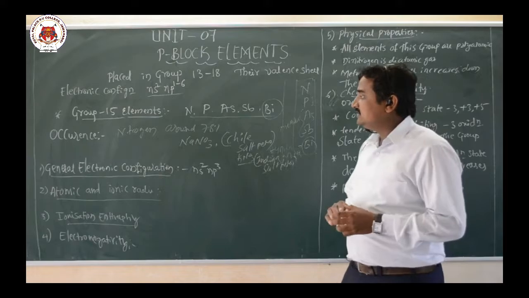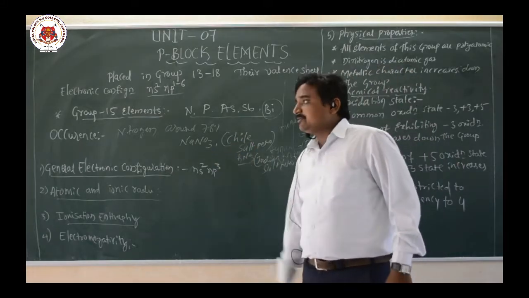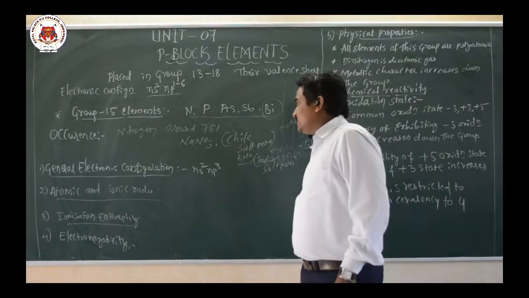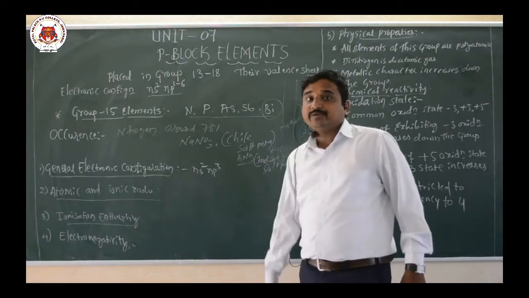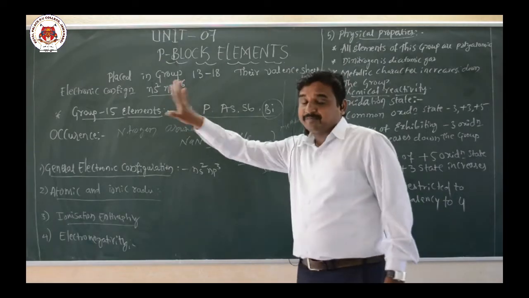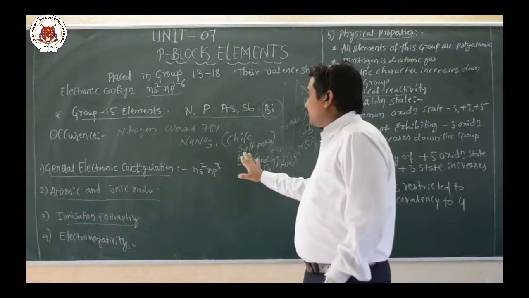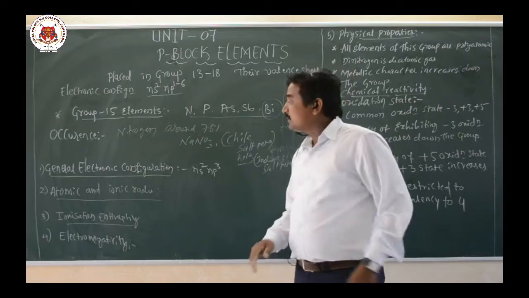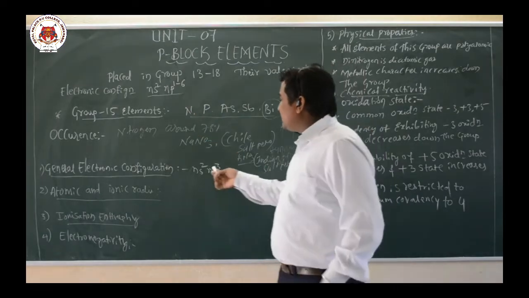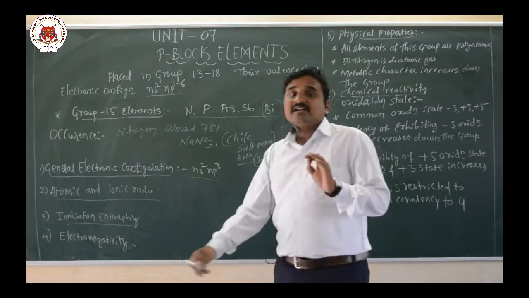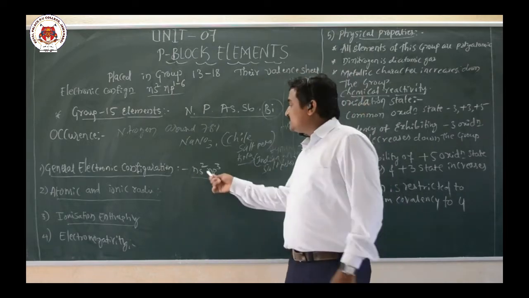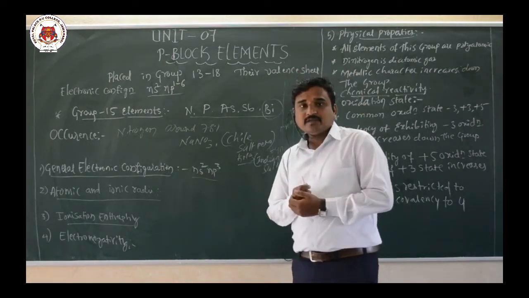The first one is the electronic configuration of p block elements, the general valence shell electronic configuration of group number 15 elements. The group number 15 elements have a general valence shell electronic configuration of ns2 np3.